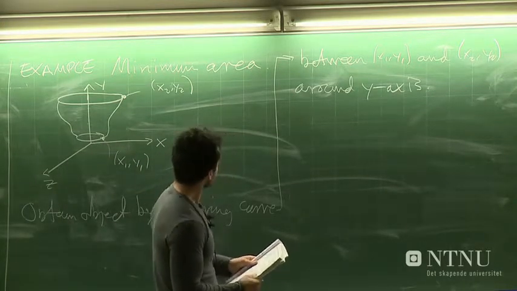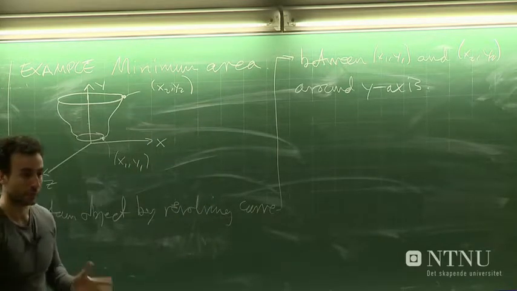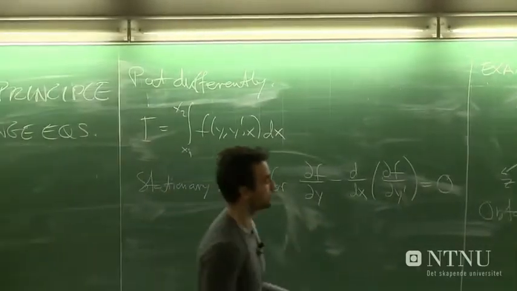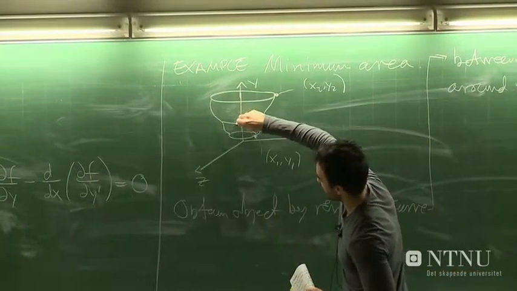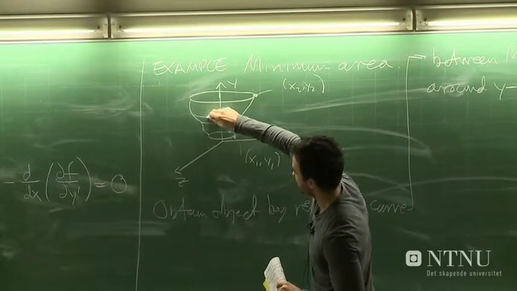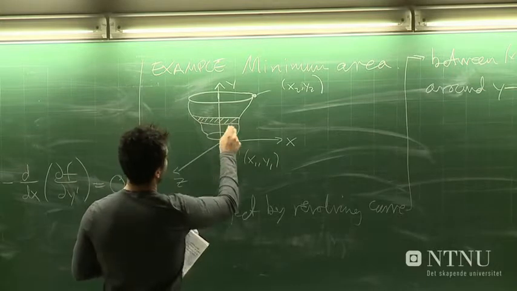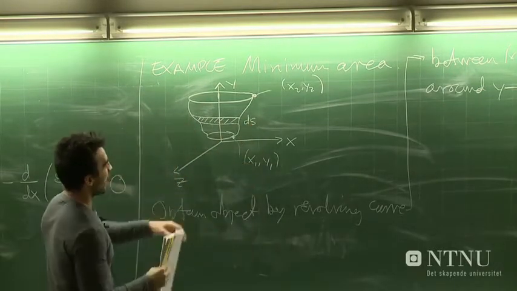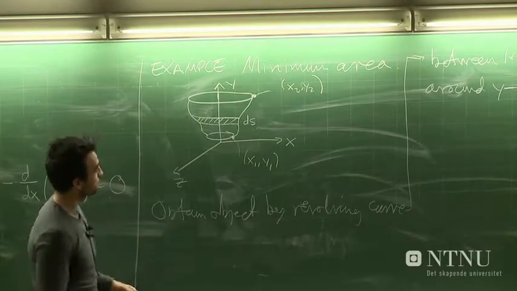Okay, so how do we go about finding the curve which gives the minimum area? Well, we can actually use the Euler-Lagrange equations. Imagine we take just a segment here of the object, and the width here is ds, it's just an infinitesimal width.